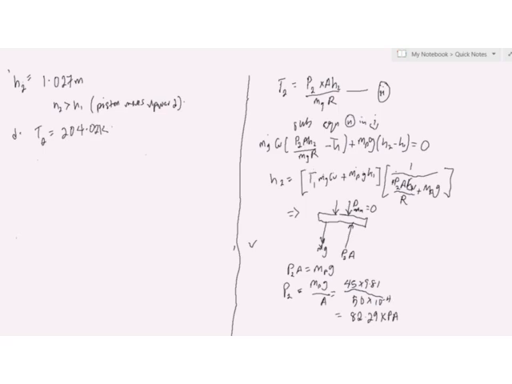So that is the value of our T2, and our new V2 is going to be our old area multiplied by H2, which is 50 times 10 raised to the power of -4, multiplied by the H2 we obtained, 1.027, and this is going to give us 5.135 times 10 raised to the power of -3.